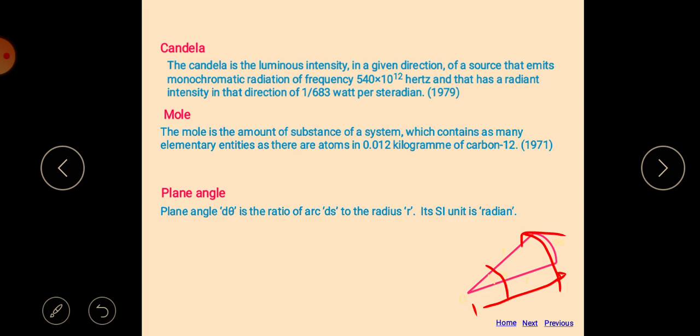So you can say the amount of rotation of any ray about a fixed point is known as plane angle, and this is a phenomenon in 2 dimensions. If this arc is part of a circle, and we form a complete circle, the complete arc will subtend an angle of 360 degree at the center of the circle. Then arc upon radius is angle, ds upon r, where ds is arc and r is radius.